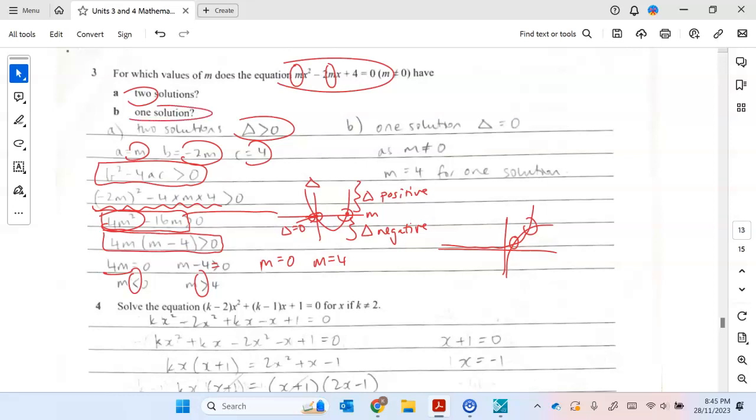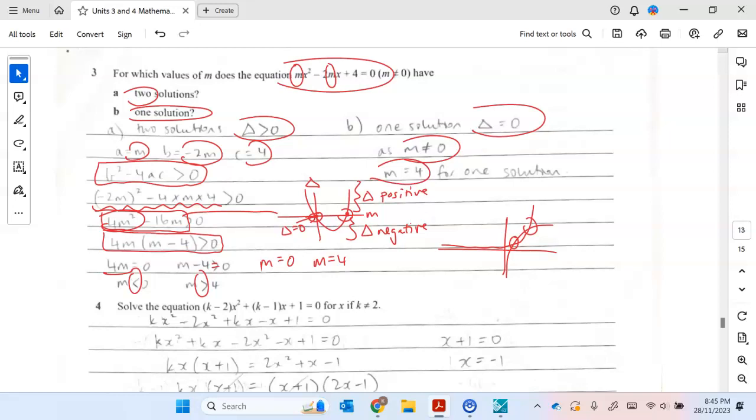If we're looking at one solution, our discriminant is equal to 0. So as we've done before, we worked out m was equal to 0. Now I know that I've got not equal to 0 there, and I'll touch on that in a second. So m is equal to 4.